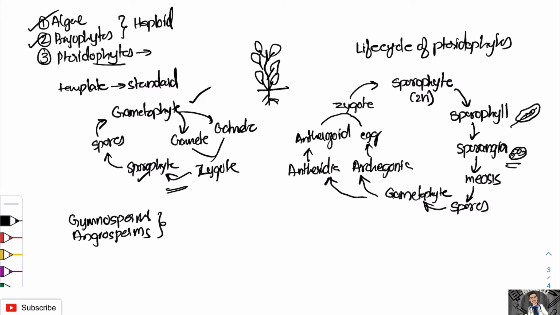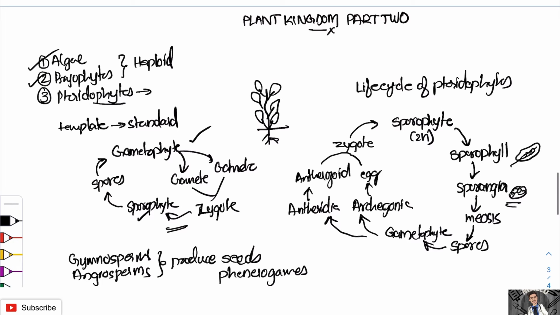They produce seeds, and for that they are also known as phanerogams, meaning seed producing, whereas the algae, bryophytes, and pteridophytes are cryptogams and don't produce seeds.